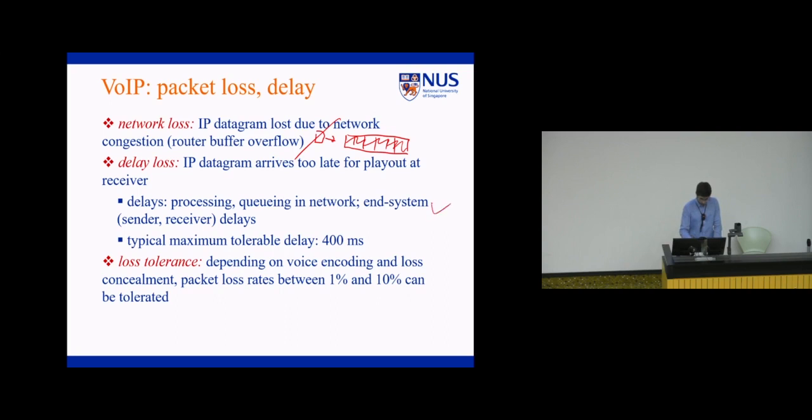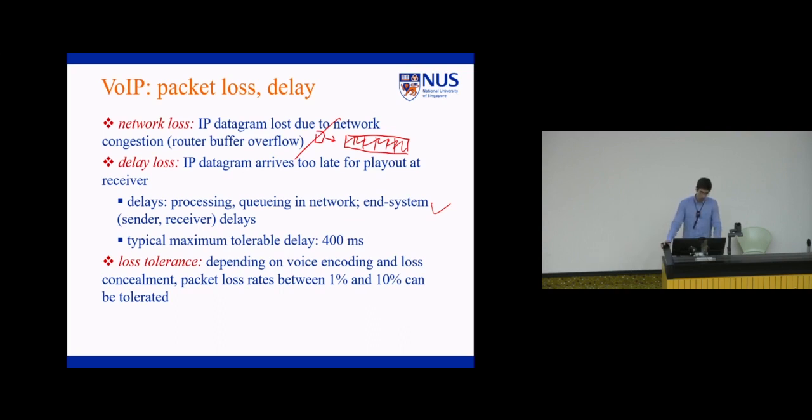If we have more delay than our playout delay, we just ignore that sound chunk. But the good thing is that we can still tolerate some loss. Even if you do not reconstruct the exact sound wave that the other party sent, you can still understand the voice signal.